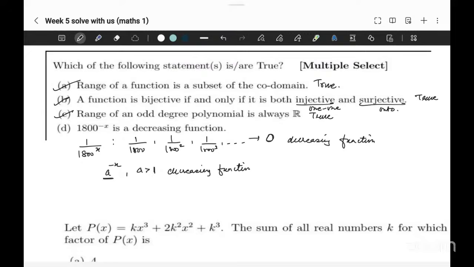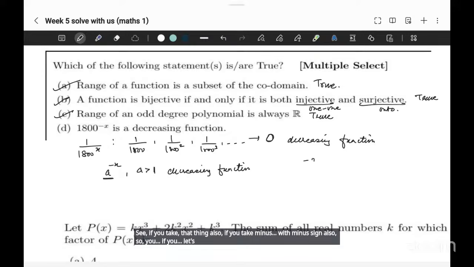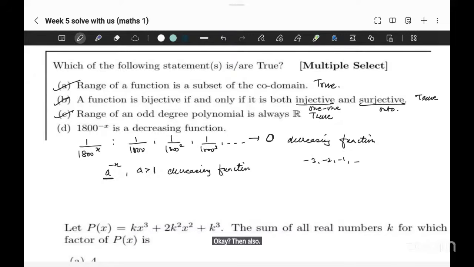See, if you take it with the minus sign also, let's suppose you take -3, -2, then also if you see here, it will go like this.